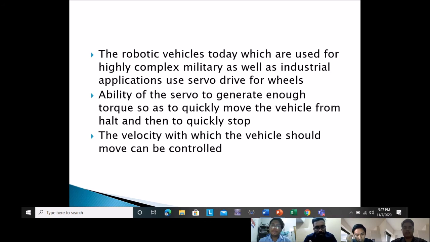The servo has the ability to generate enough torque to quickly move the vehicle from a halt and then to quickly stop. So it will move from one place to another, then stop, and then continue to move. The velocity at which the vehicle should move can be controlled by the servo drive.